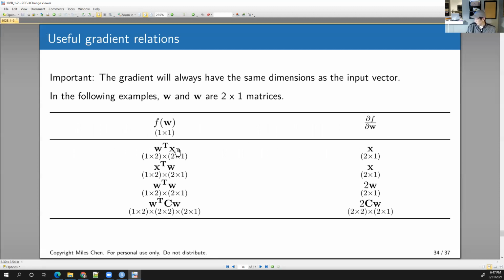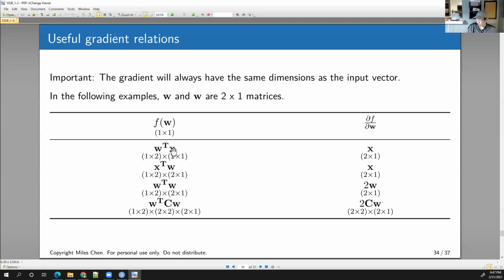We're going to run out of time here, but some important gradient relations: let's say you have some function, and it's a 1 by 1. Remember, our function outputs a scalar value. So when you take the gradient of the function with respect to W being a 2 by 1 matrix, you're going to get these results.